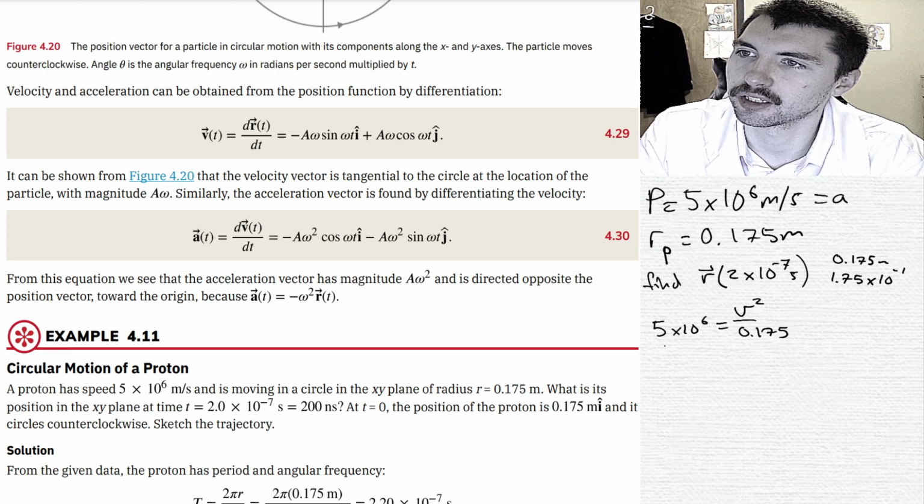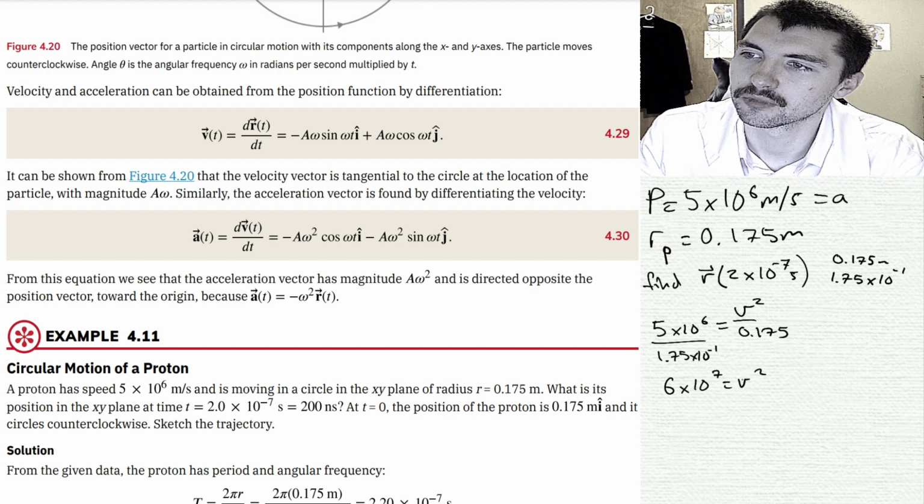So we're taking this divided by, okay, so that'll be about, let's say 6 times 10 to the 7. So square root both sides.